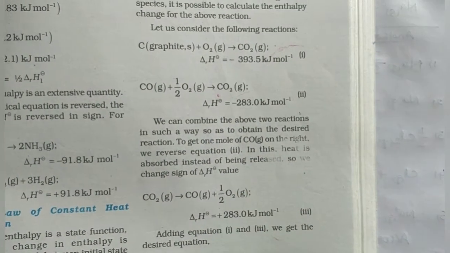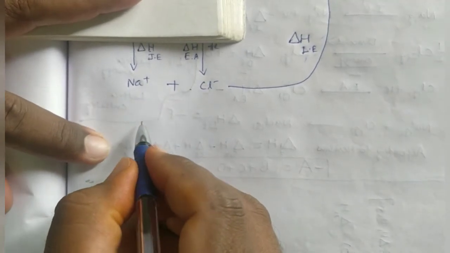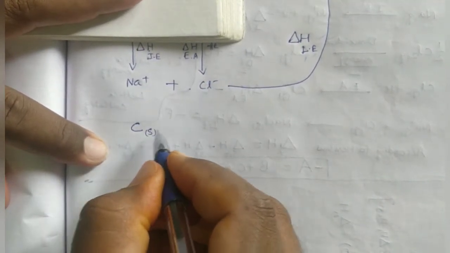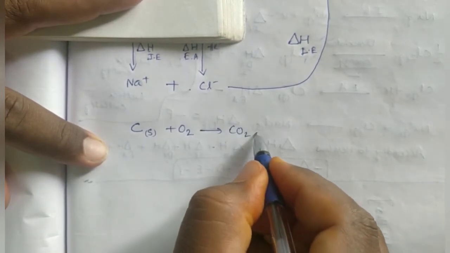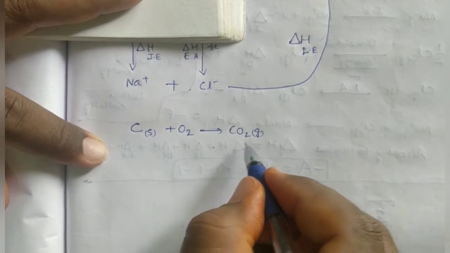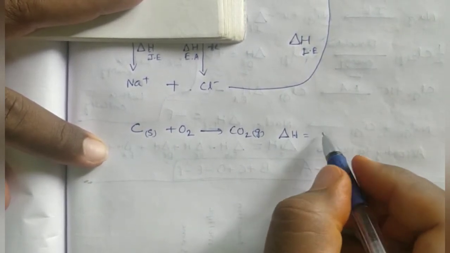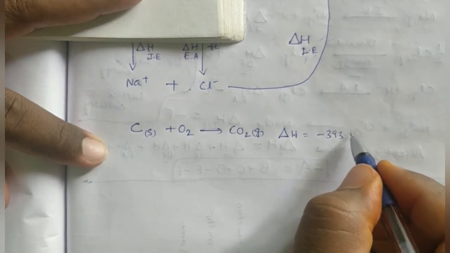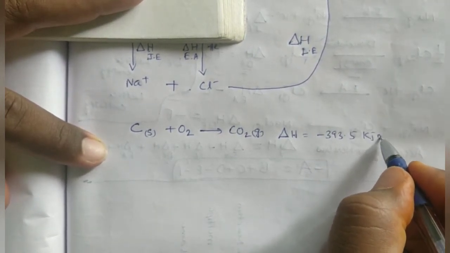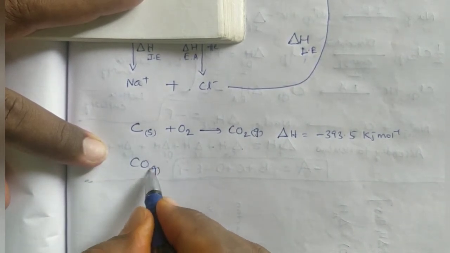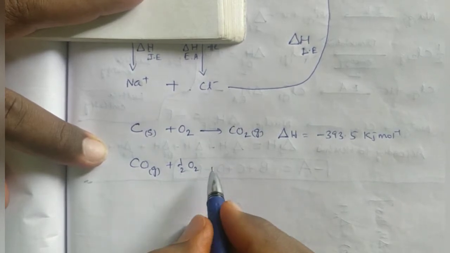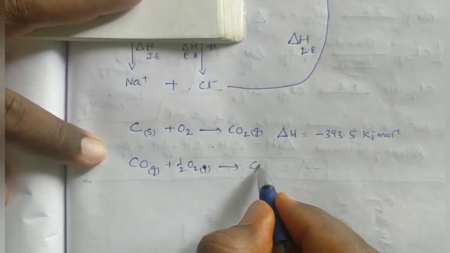For example, see here. C solid plus O2 gives rise to CO2 gas. For this, delta H is equal to minus 393.5 kilojoules per mole. Next, CO gas plus half O2 gas gives rise to CO2 gas.